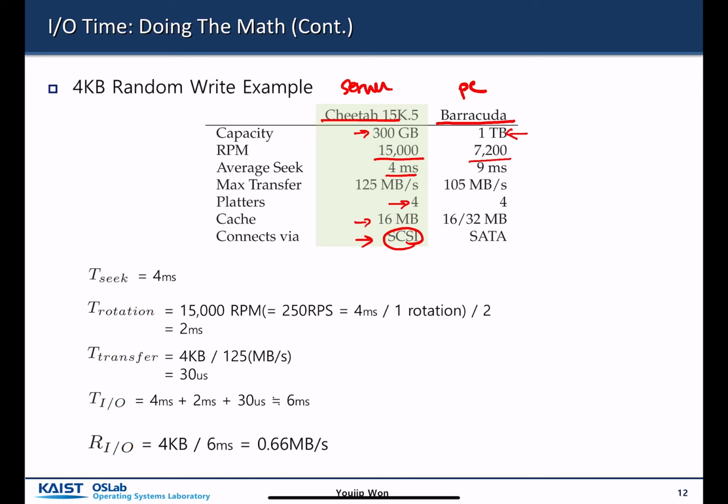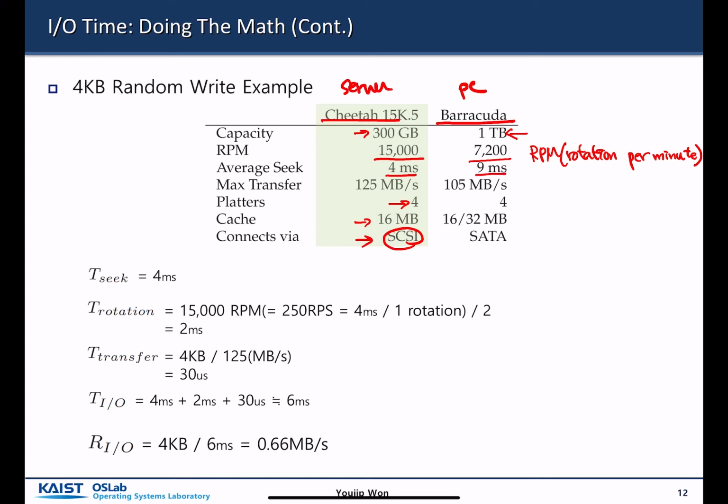In the case of Barracuda, the capacity is 1 terabyte. It rotates at 7200 RPM, rotations per minute. This is RPM, rotations per minute. And the average seek time is 9 milliseconds.